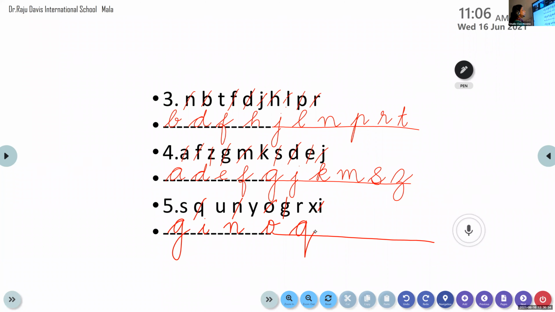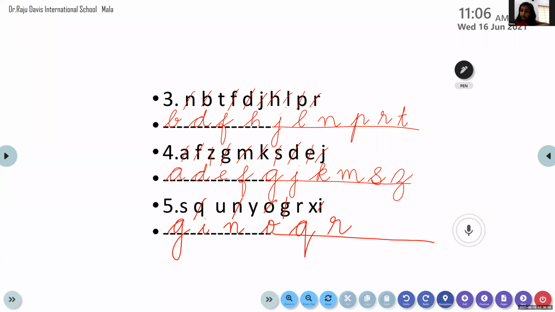After Q? R. Yes. After Q it is R. Then R. After R?